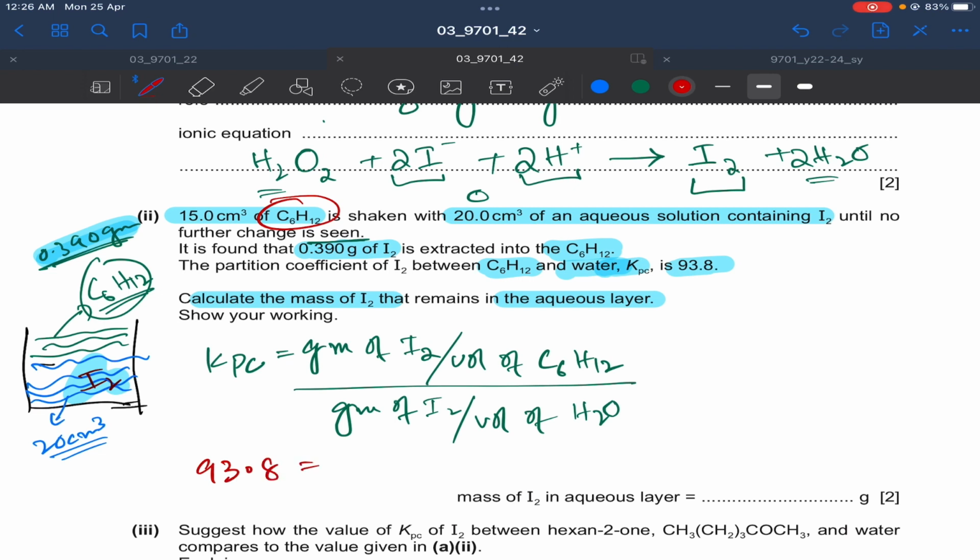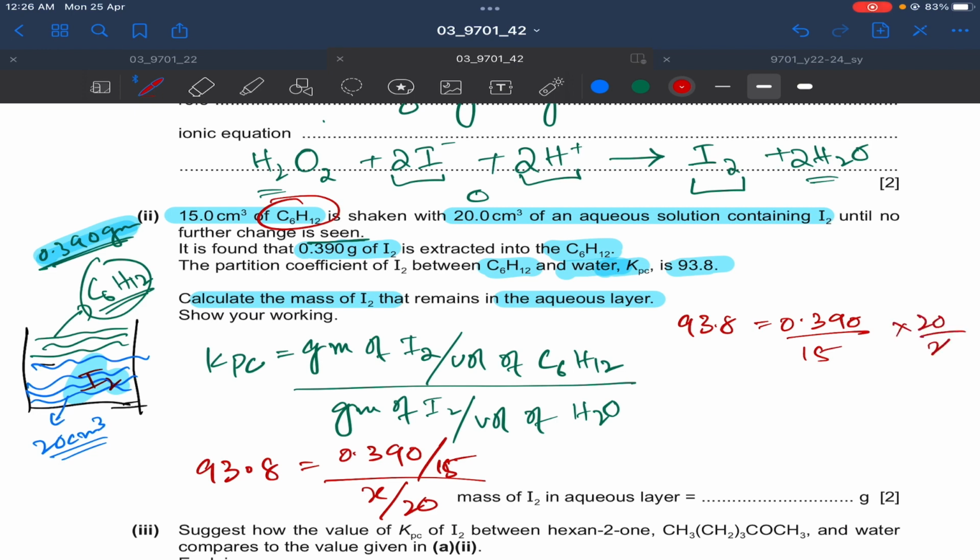So 0.390 divided by the volume of cyclohexane, which is 15, divided by grams of iodine in water, which is what we have to find out. This is X upon the volume of water, which is 20 centimeter cube. So 93.8 equals 0.390 divided by 15 into 20 upon X.